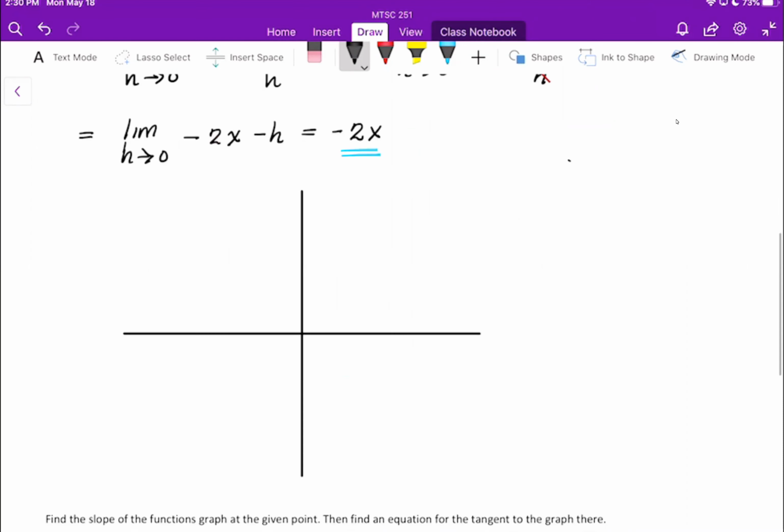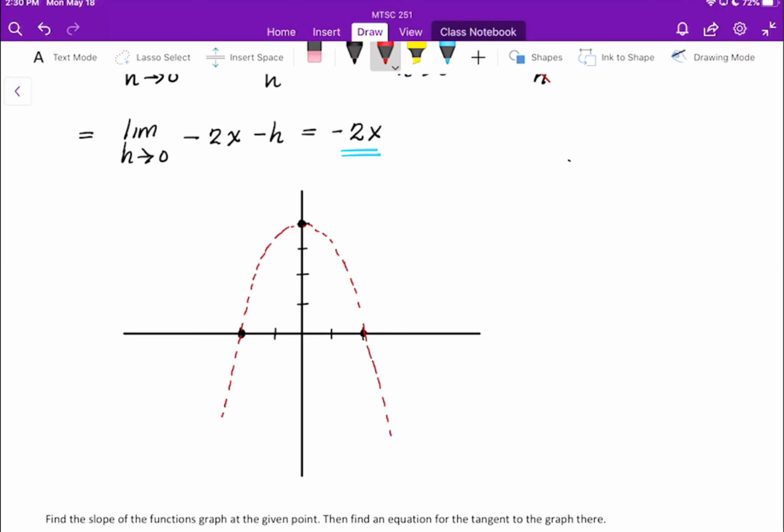When x is 0, y is 4. And when y is 0, x is 2 and negative 2. So we have our upside down parabola, as such.